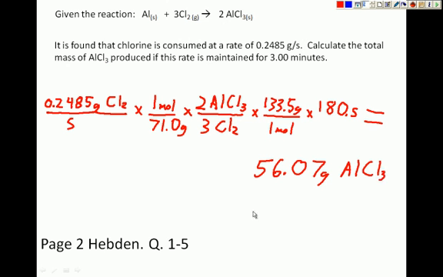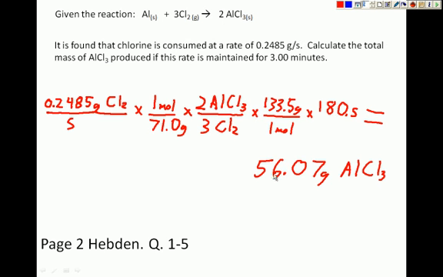Now let's go back over our problem. As we see here, we have 4 sig figs divided by 3 sig figs, multiplied and divided by an exact number, multiplied again by 4 sig figs, multiplied by 3 sig figs. So the smallest amount of sig figs that we're using here is 3 sig figs.